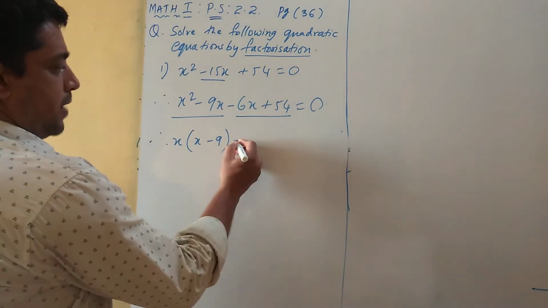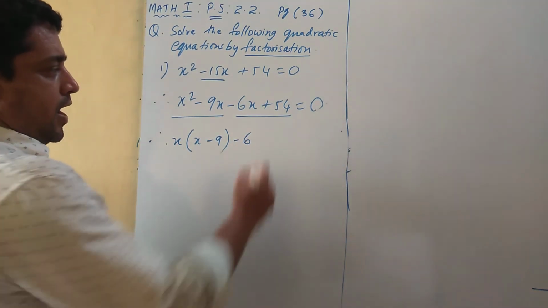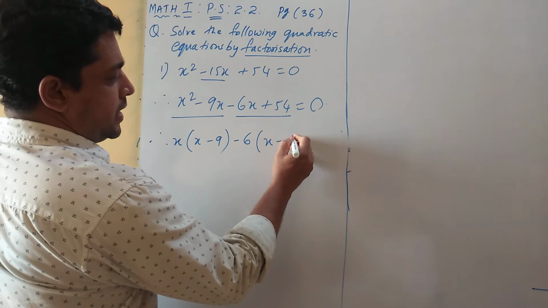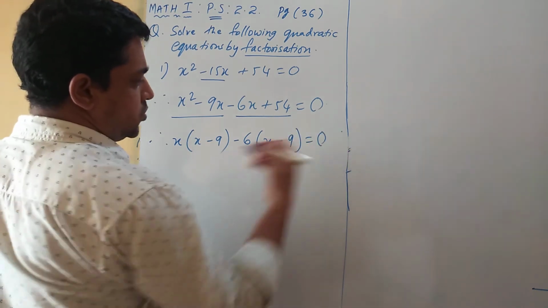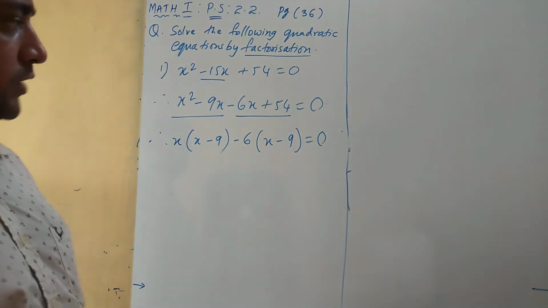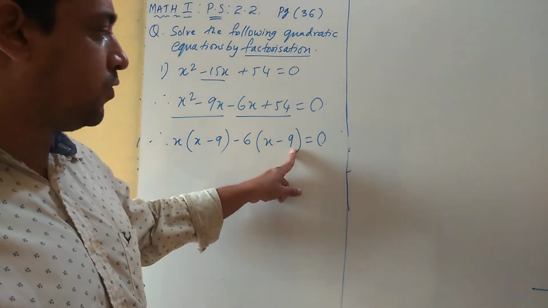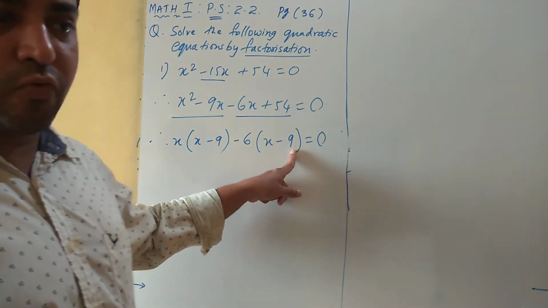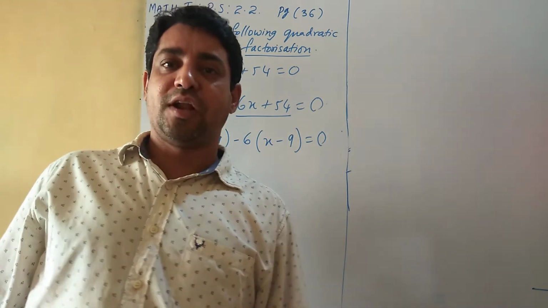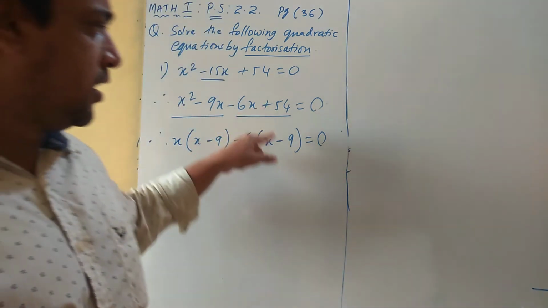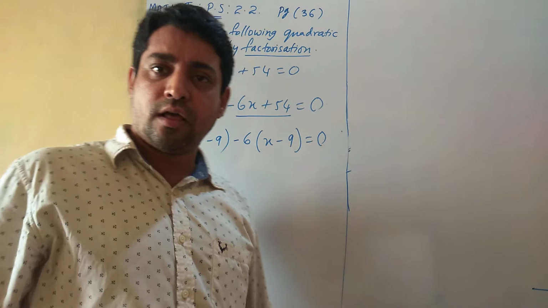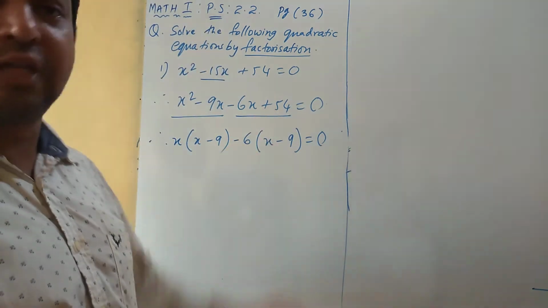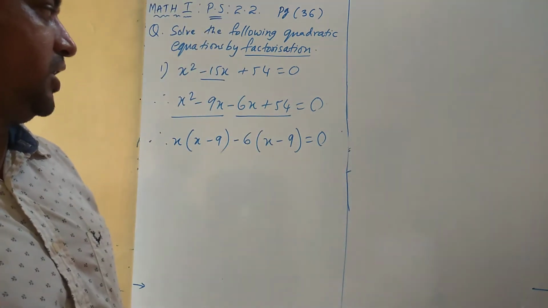So I can take minus 6 as common, and here I get x minus 9 is equal to 0. Okay, let's check. 6, 9 times is 54. Now again, those of you whose basic is not clear, will say, why was it plus, sir wrote minus, why did he write minus? It was plus. Okay, just check.